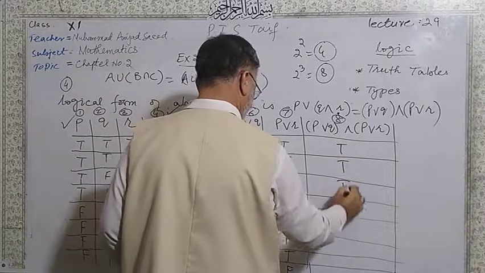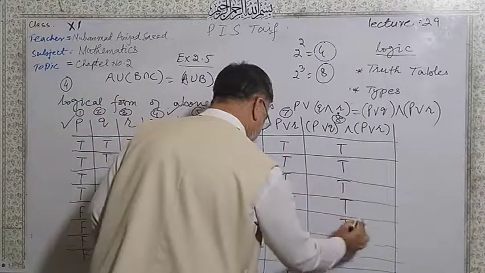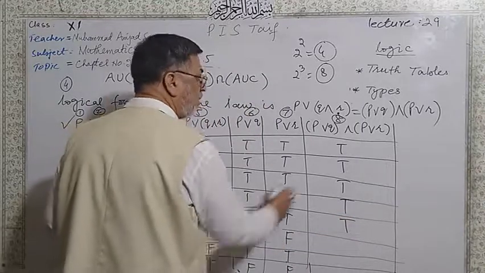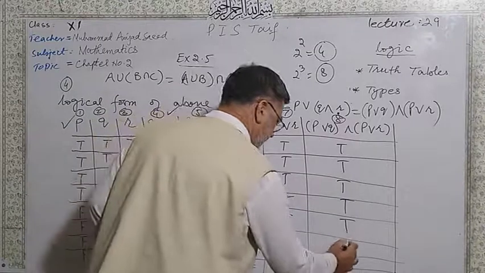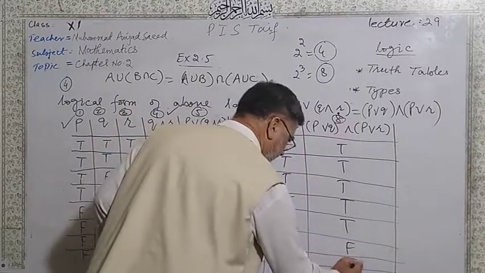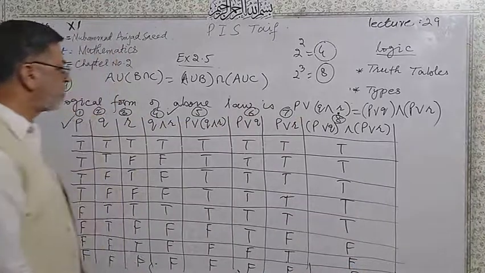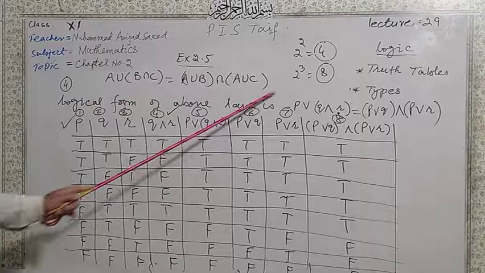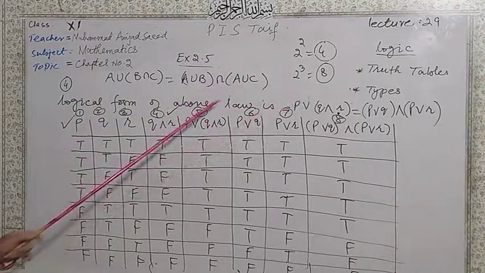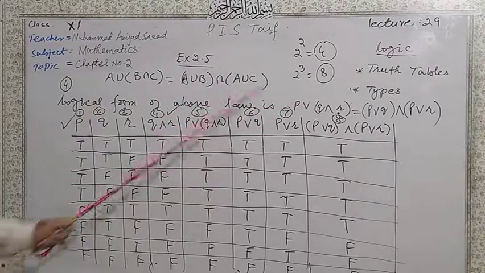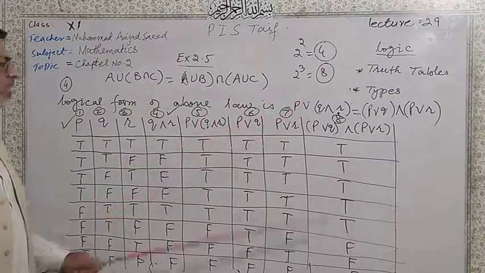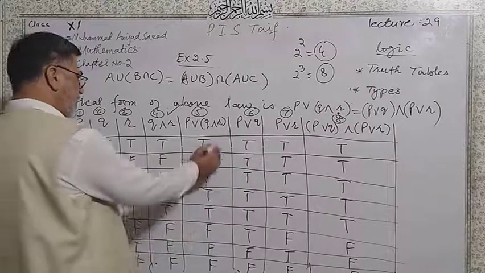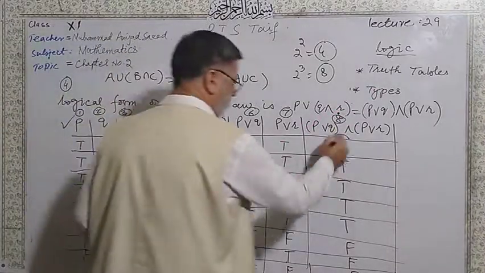T, T, T, T, T. And where there is no intersection, it will not be here: F, F, and F. Dear students, you can check your column number 5 representing your left hand side, and column number 8 is representing your right hand side.